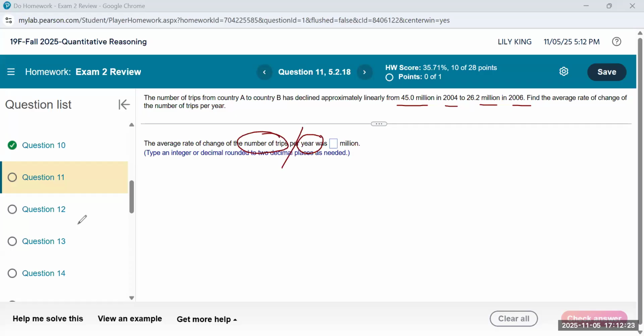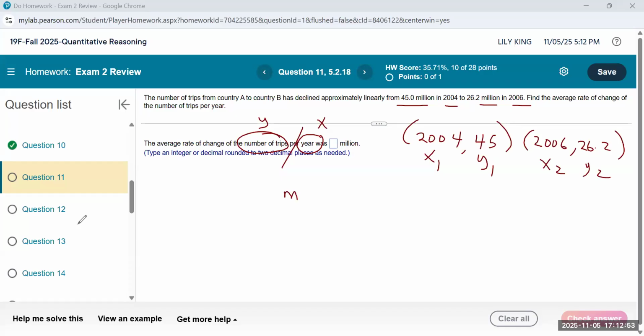So per means divide. So the number of trips is your y, the year is your x. So you begin with the year followed by the corresponding y. You begin with the year 2006 followed by the corresponding y. So you have your ordered pair. Now you're going to label this as x1, y1, x2, y2, using the slope formula y2 minus y1 over x2 minus x1.